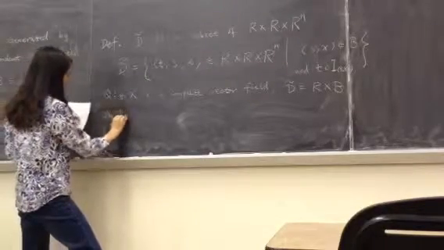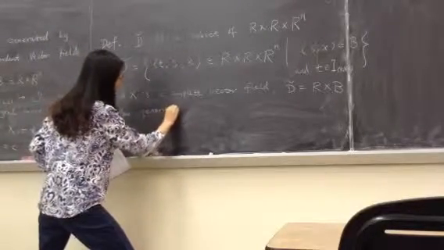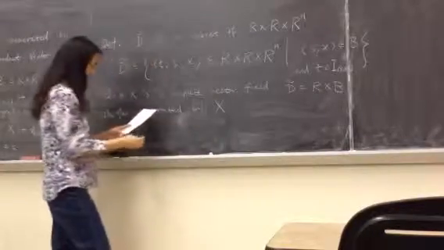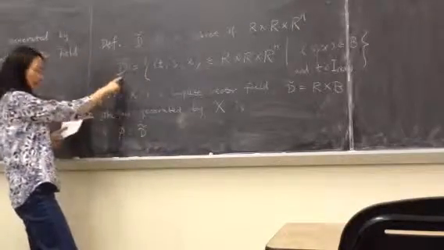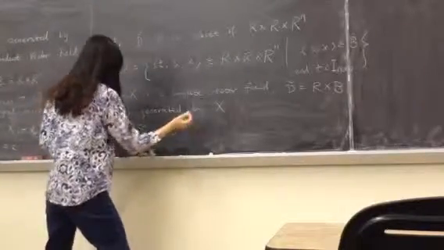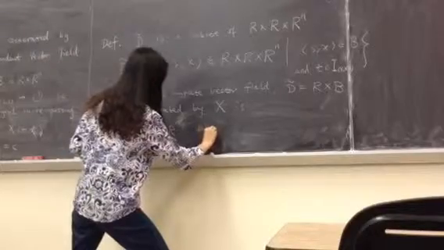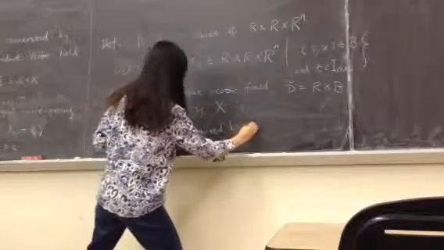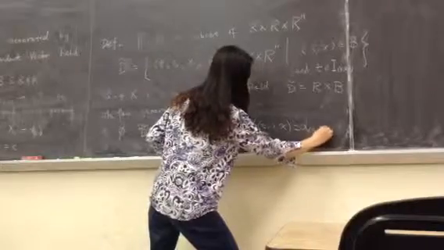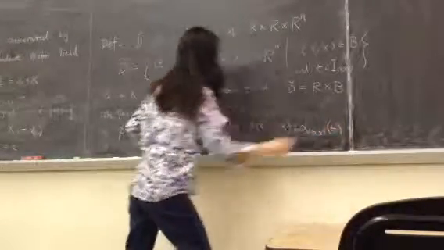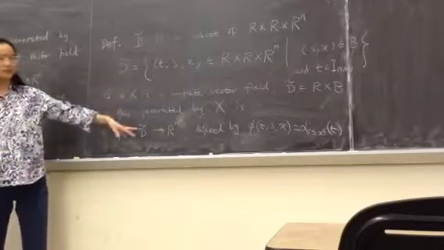The flow generated by the vector field X is this map from this domain to Rn, which is defined by phi of t, s, x equals alpha s x of t. So that's the domain of the flow.